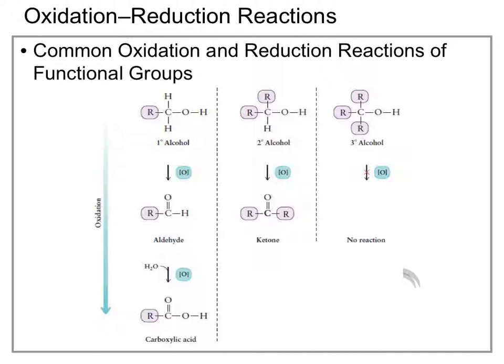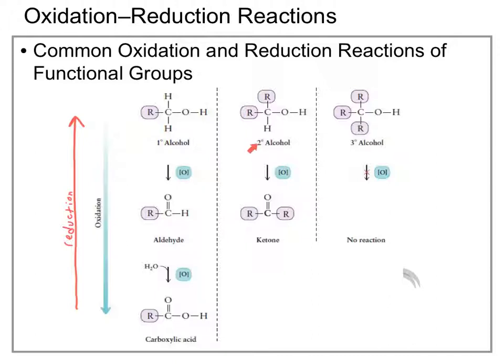It's not written in this chart, but the reverse is also true. And so if we have a carboxylic acid and reduce it, we can form an aldehyde. The aldehyde can be further reduced to form a primary alcohol.